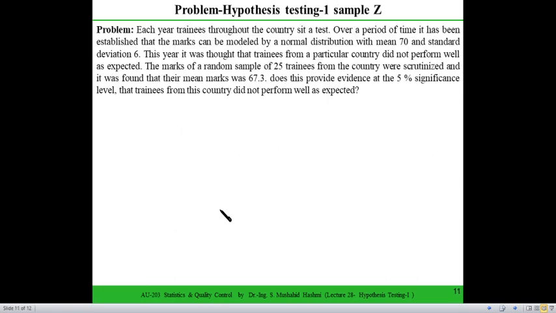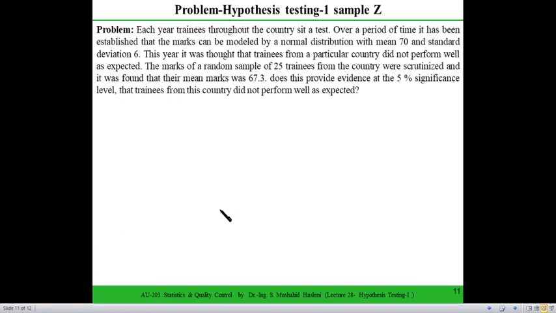For example, each year trainees throughout the country sit a test, and over a period of time it has been established that the marks can be modeled by a normal distribution with mean 70 and standard deviation 6. So this is something predicting about the mean marks.